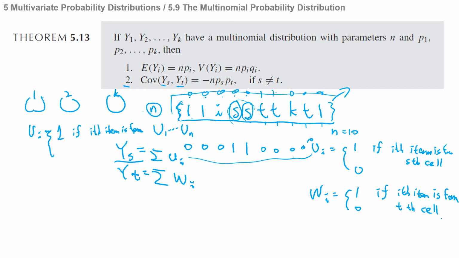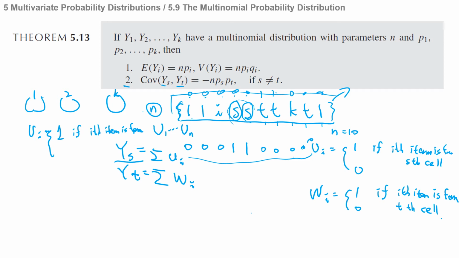Since we have two items from the t cell, the sum of Wi is 2, which is Yt. So we can describe Ys and Yt this way.